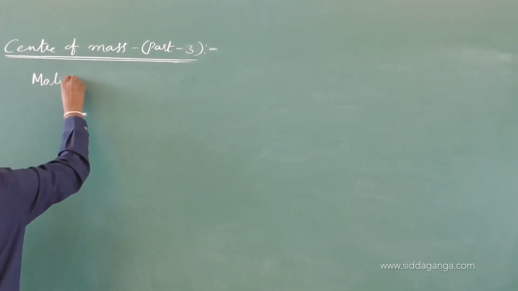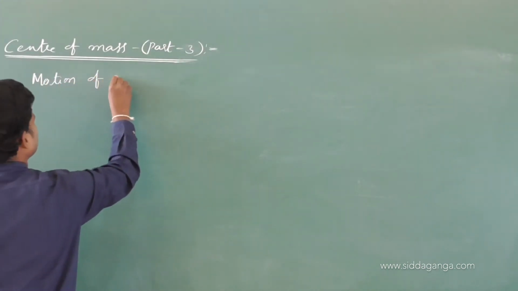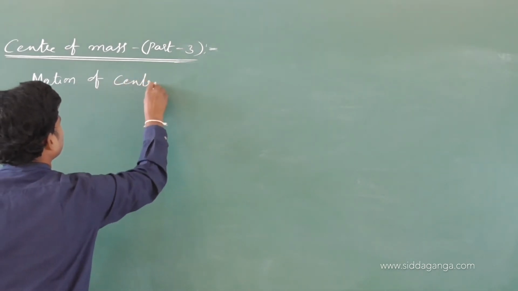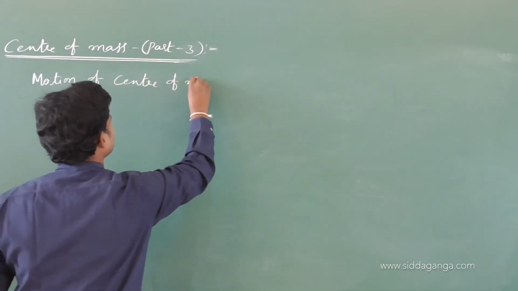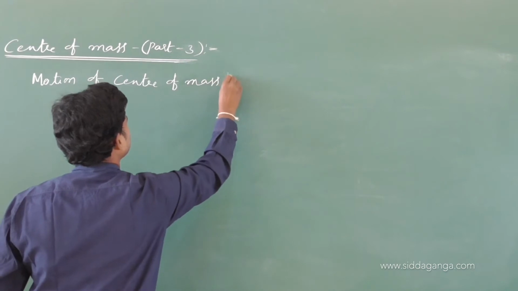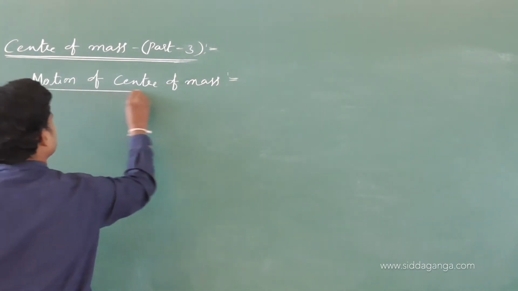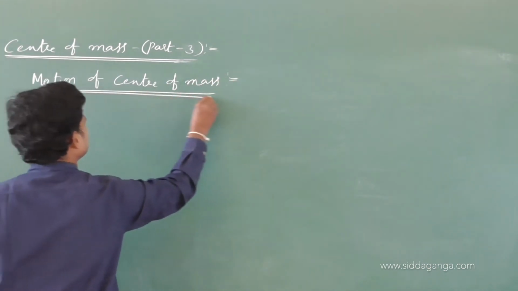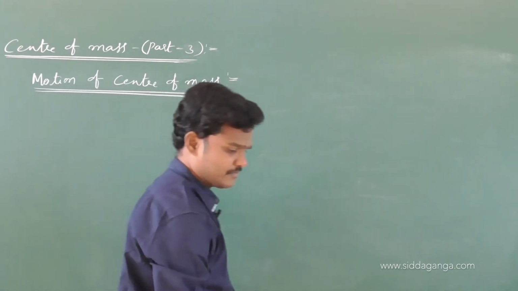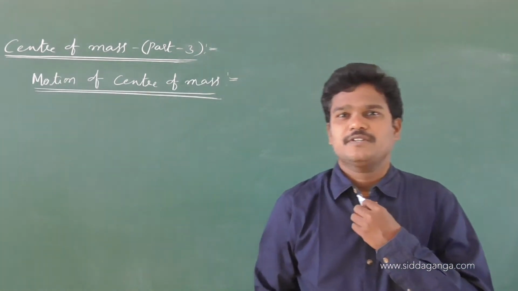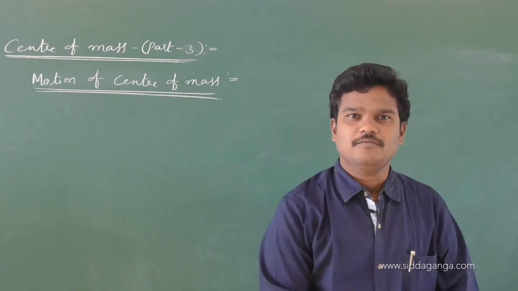So from NCERT, write down the heading: motion of center of mass. In this, let me write the coordinates of center of mass in vector form.